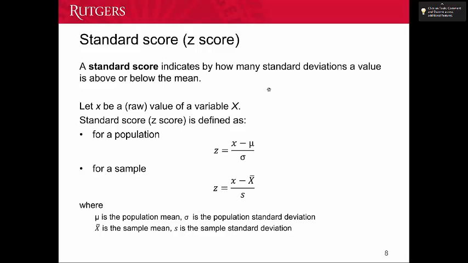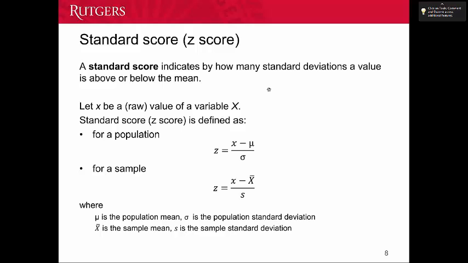Well, when you have a particular value, what would you try to do? You would like to see how far it is from the average value in this distribution, and you try to express this difference in terms of a standard deviation. So let x be an original value of variable x.